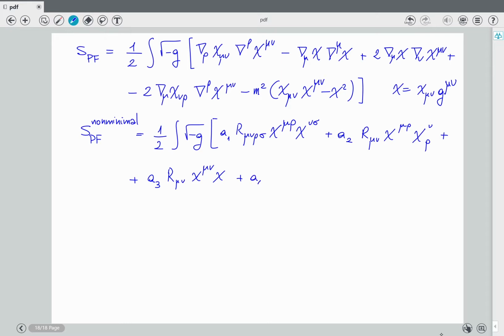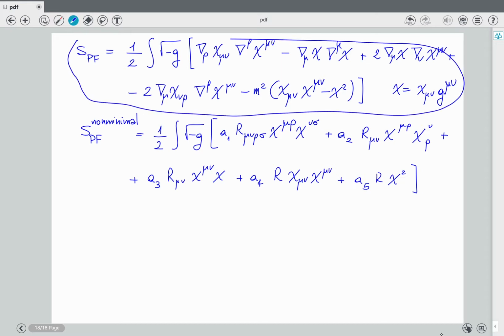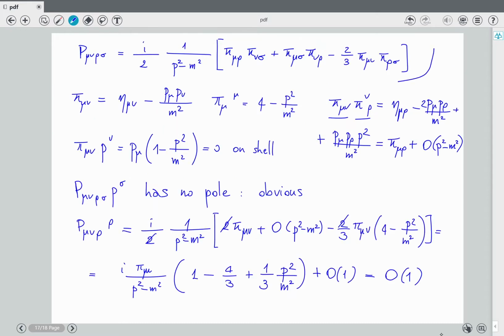Then there is a fourth coupling with R, and a fifth coupling also with R. Oh, one important thing that you discover when you calculate the Lagrangian by means of the inverse of this object.